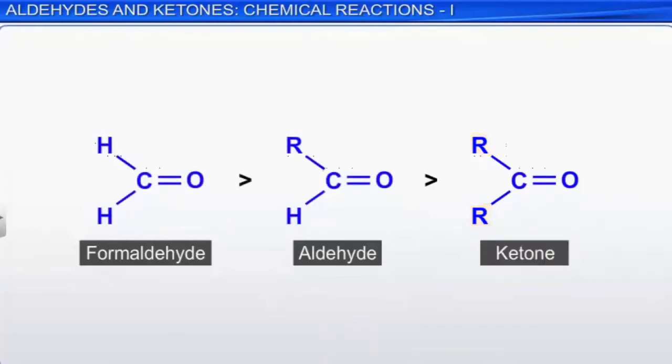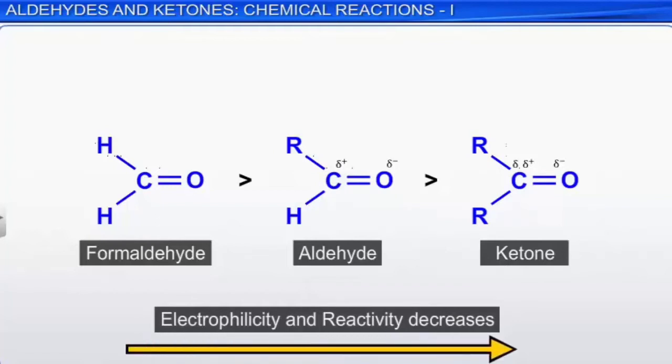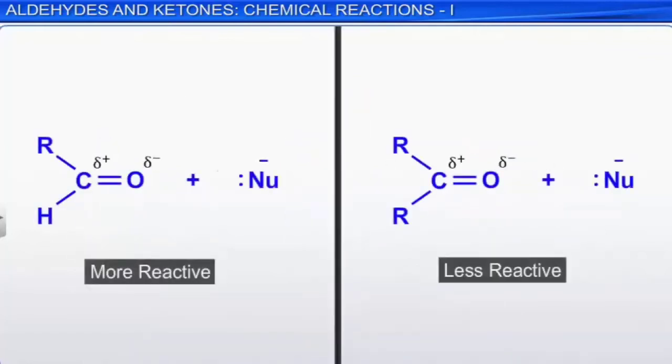Electronically, alkyl groups are electron-releasing groups that release electrons and stabilize the carbonyl carbon by reducing the magnitude of positive charge on it. Hence, the electrophilicity on the carbonyl carbon, and therefore the reactivity, decreases with an increase in the number of alkyl groups. Sterically, the presence of bulkier alkyl groups in ketones hinders the approach of the nucleophile towards the carbonyl carbon.